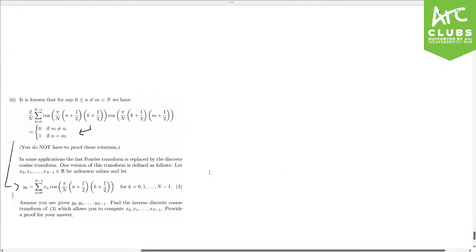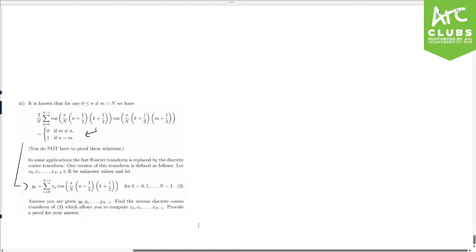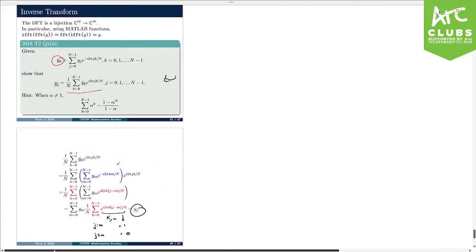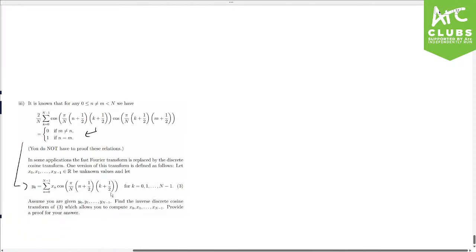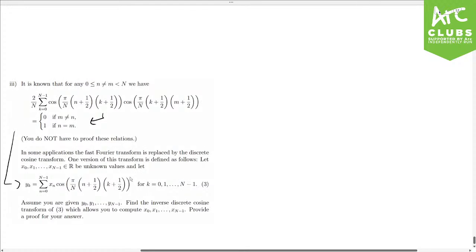So I think the process is actually quite similar to proving the inverse discrete Fourier transform. So let's say we want to find xn.